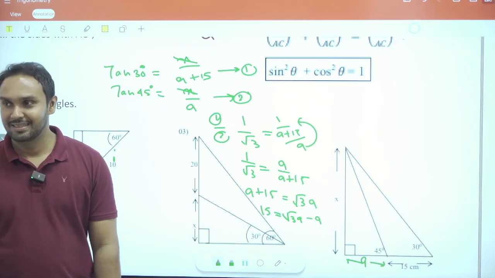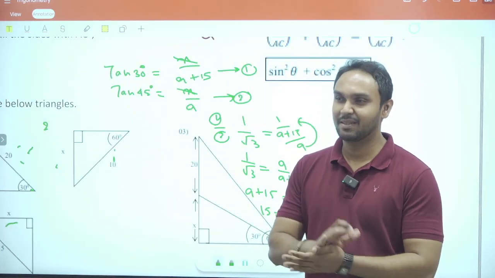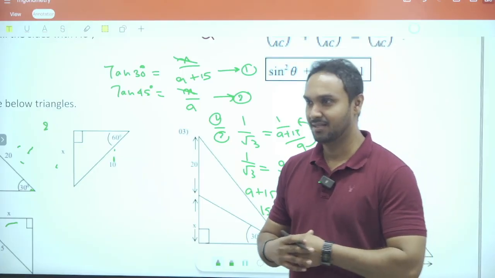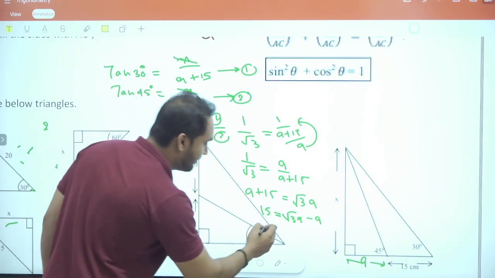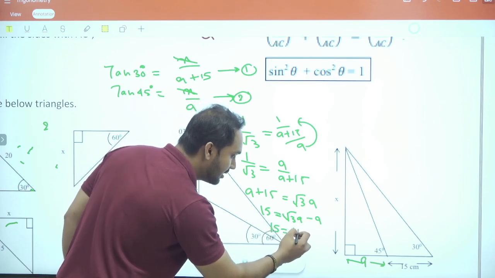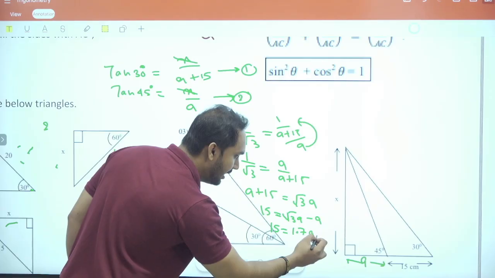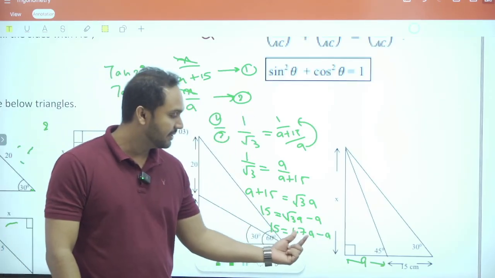You simplify the root 3. What do you get? 1.72 something. You take the approximate value 1.7. So 15 equals 1.7a minus a. Now what is the difference here? 1.7a minus a.